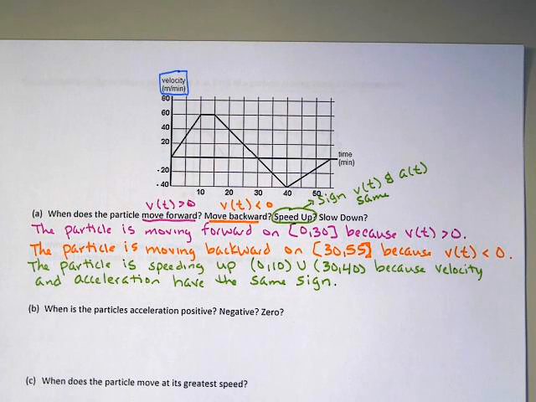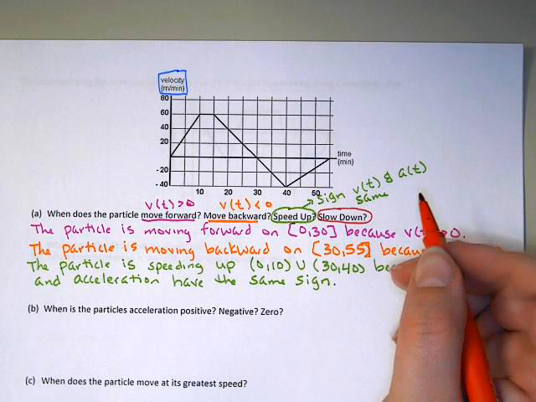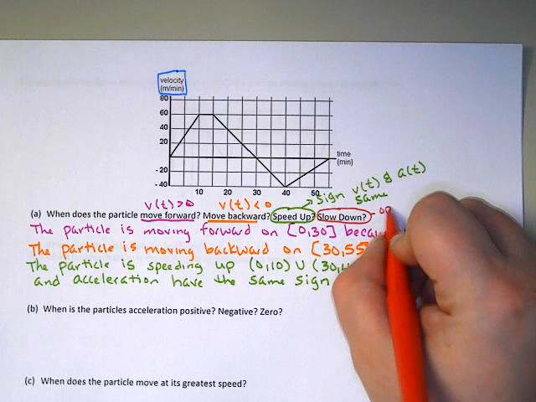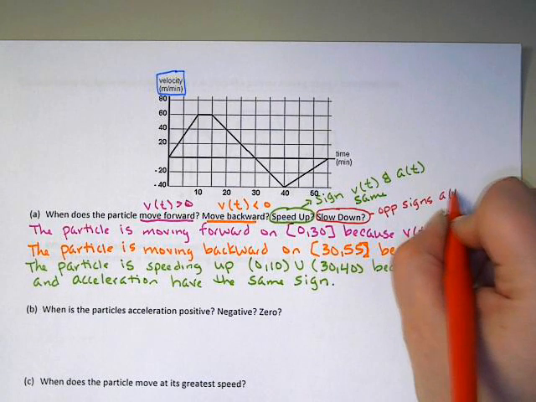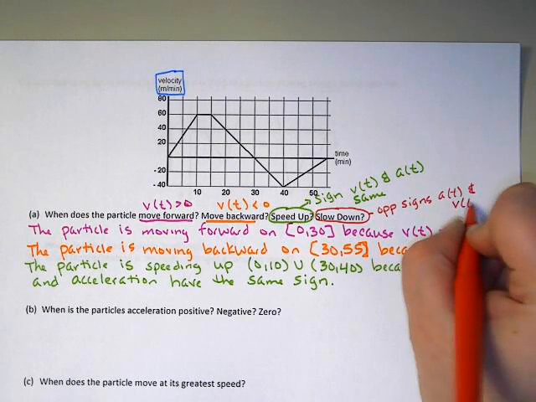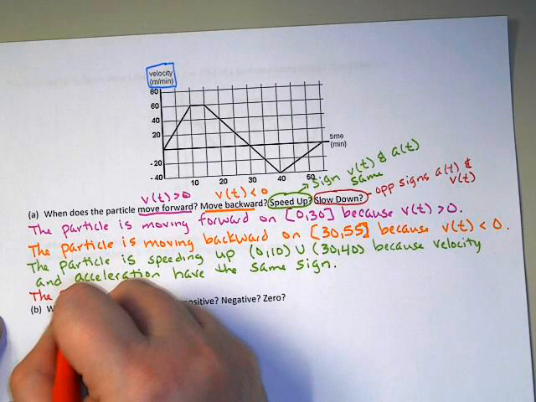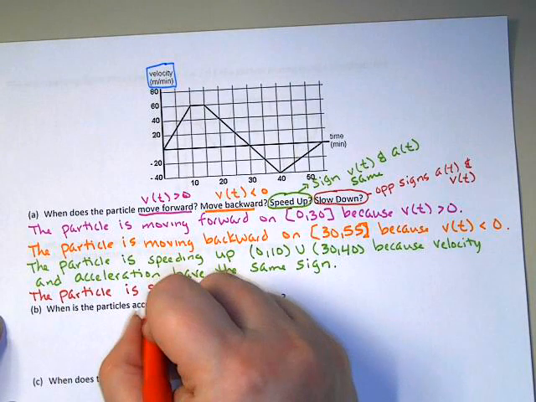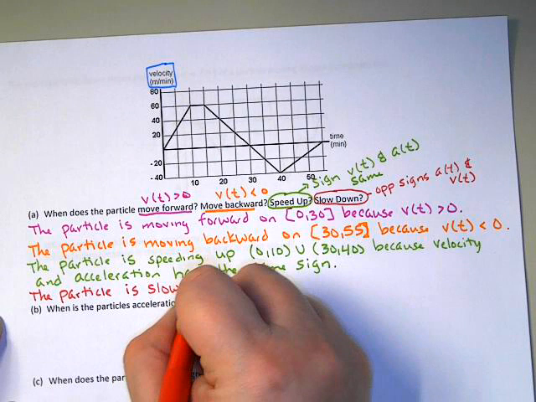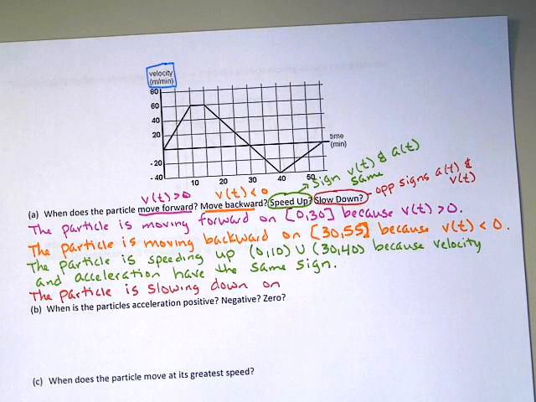The last part of this question asks for where the particle is slowing down. So slowing down means that we have opposite signs on acceleration and velocity. So the particle is slowing down, let's take a look.